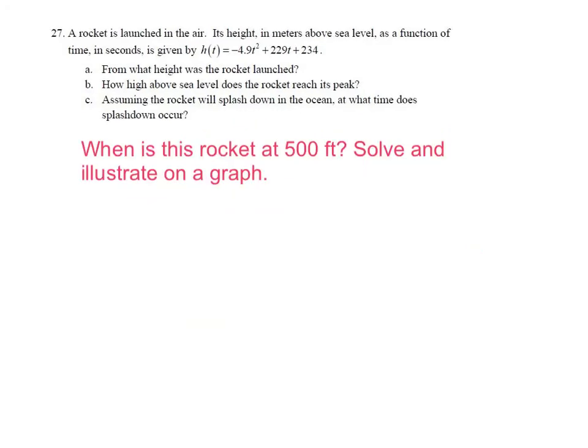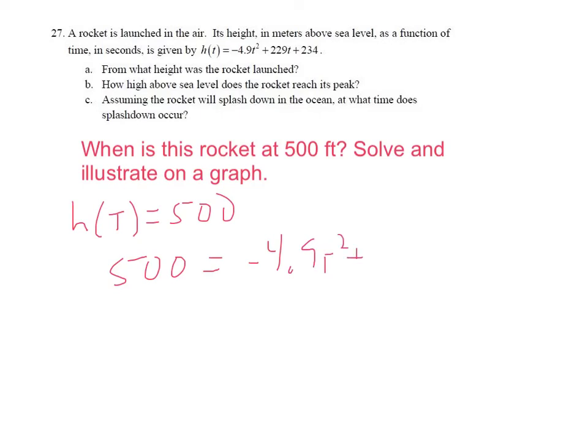So what I have is I'm interested in when is h of t equal to 500 feet. So the equation I'm going to solve is 500 equals negative 4.9t squared plus 229t plus 234. And then we're going to set this quadratic equation equal to 0.